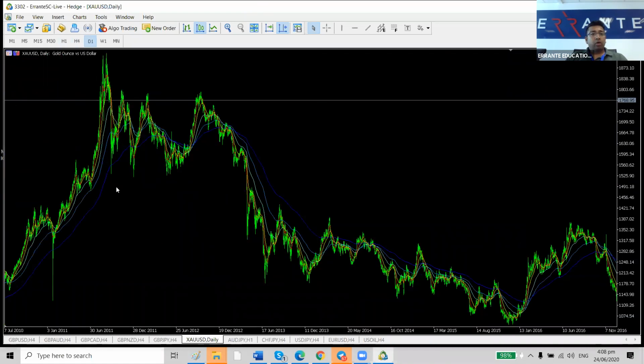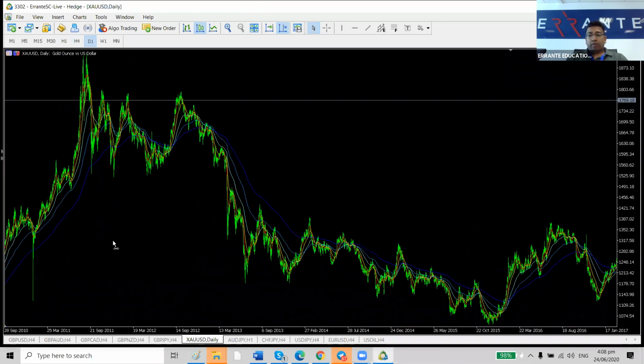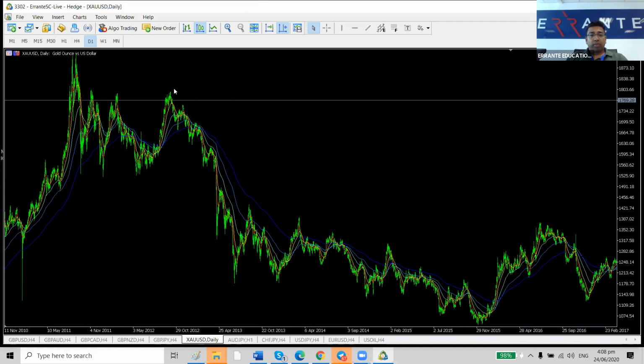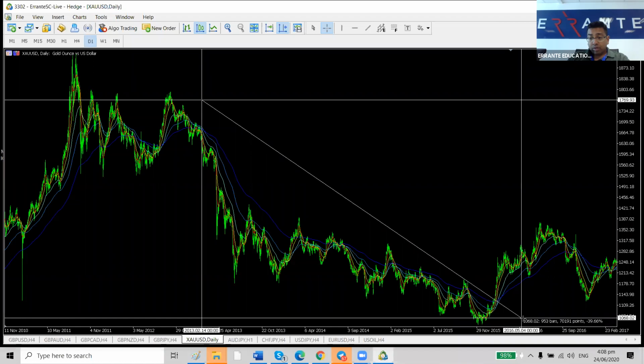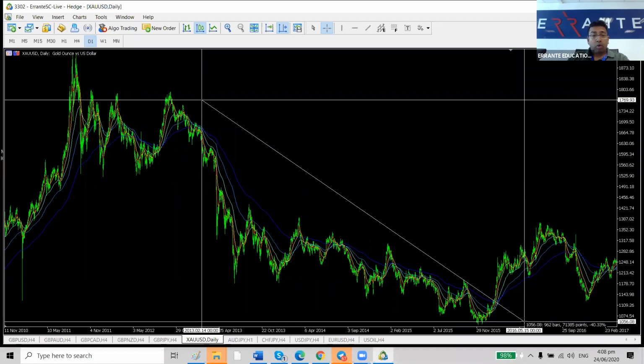All right, now here on the daily chart itself, I can see that we have got a very big fall from that area right there. Now, just from the falling area, let's just do it all the way down here. Now, that is no small amount of pips. That's about 7,000 plus pips, but that's based on the daily chart.